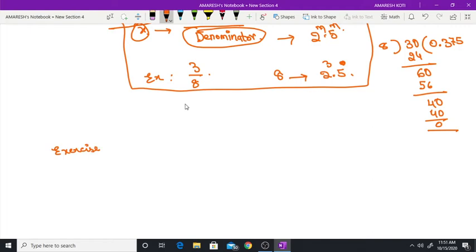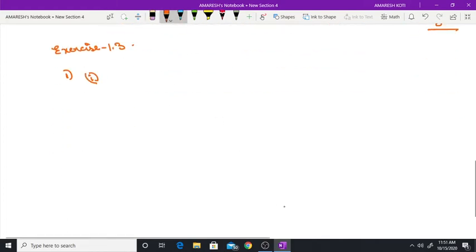And now let's do exercise 1.3. In exercise 1.3, total 5 sums are there in the first Roman. I will tell 3 sums. Do 2 sums as homework. Three by 8.